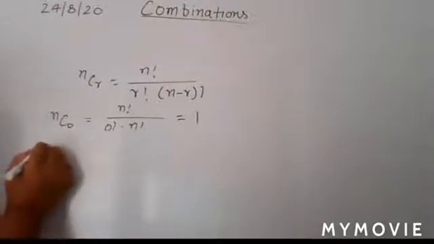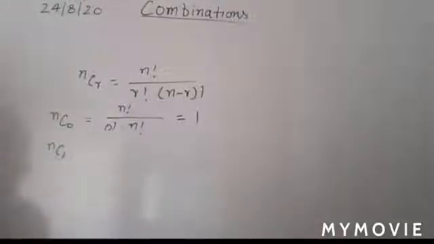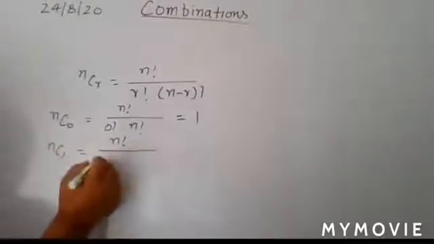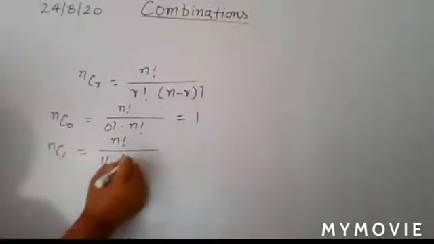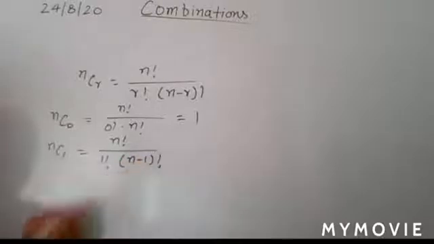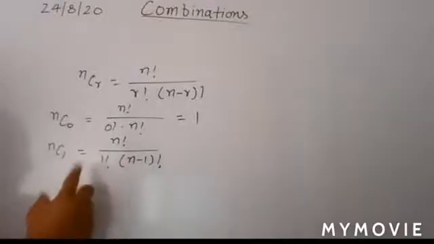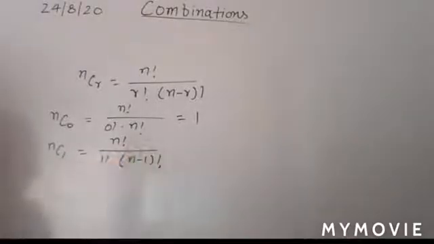In the same way, write nC1. nC1 means factorial n upon 1 factorial into n minus 1 factorial. You all know how to find the value of that: expand the greater factorial.